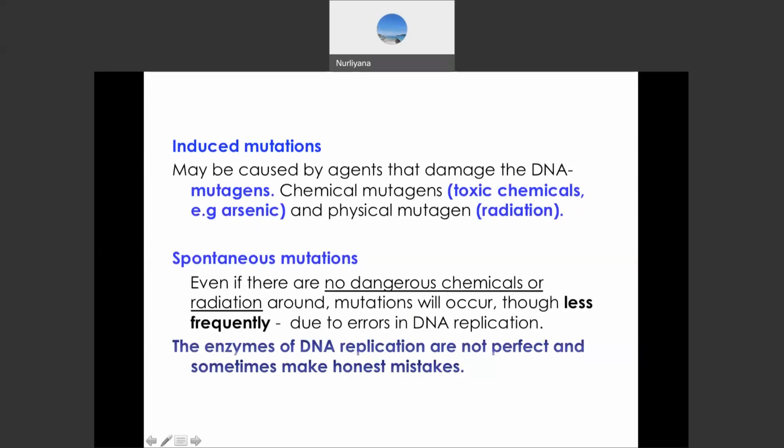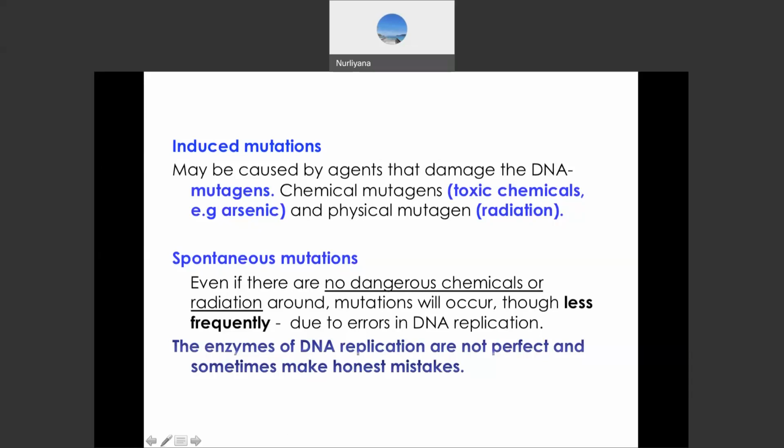This is what we call an induced mutation. It is induced by an agent, so it is caused by something. Spontaneous mutation has no dangerous chemicals or radiation, but it is more or less because of errors in our DNA replication.